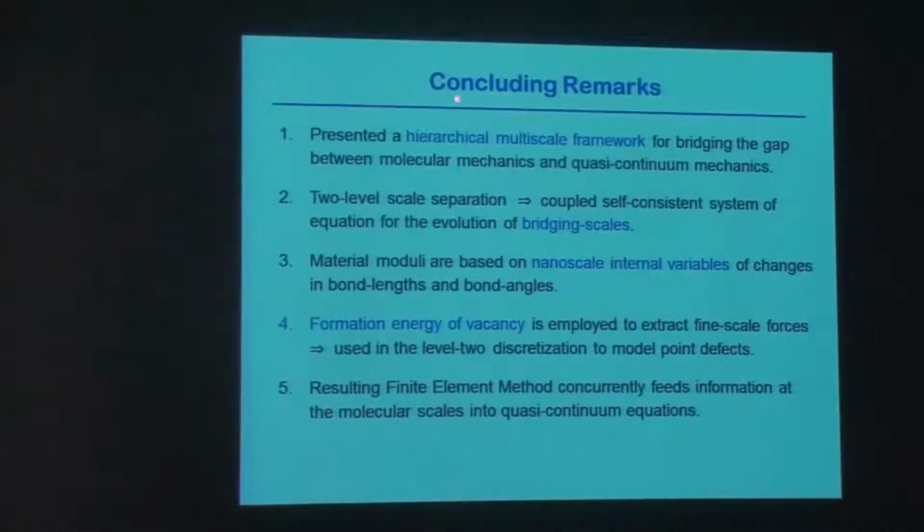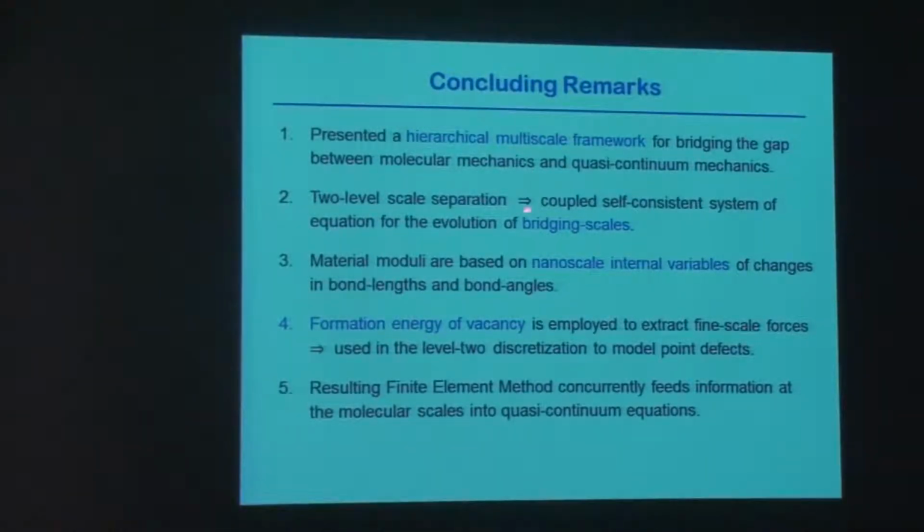So as my concluding remarks, what I've tried to do here is we have developed a hierarchical multi-scale framework for bridging the gap between molecular mechanics and quasi-continuum mechanics. But rather than using brute force or computational nesting of scales, bringing the information from the fine to the coarse level, we like to do it using analytical functions as far as possible, because they can speed up your calculations.